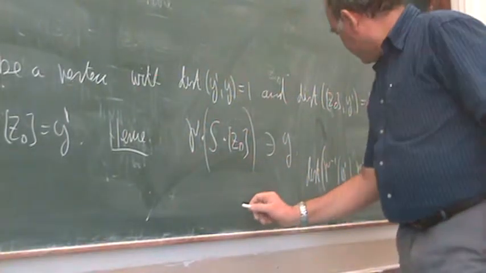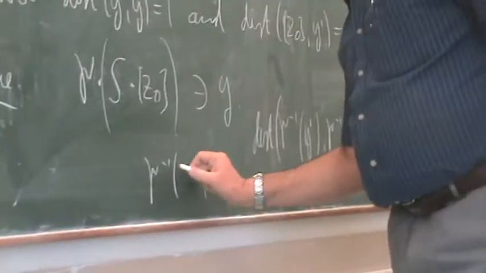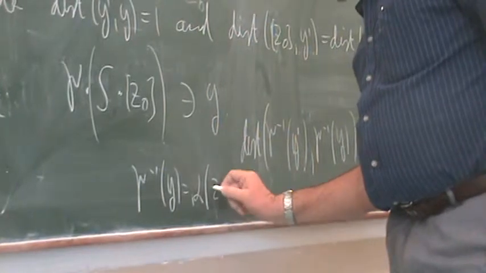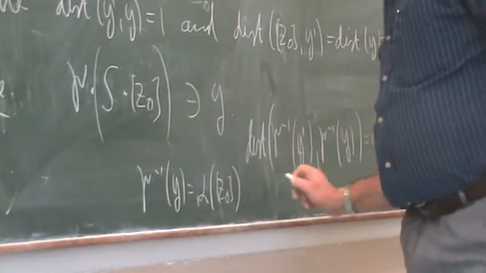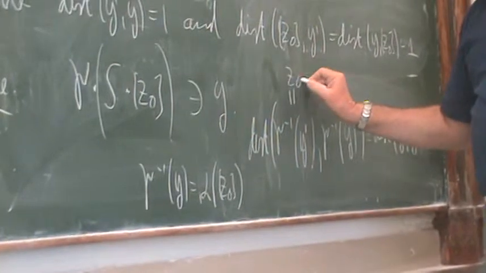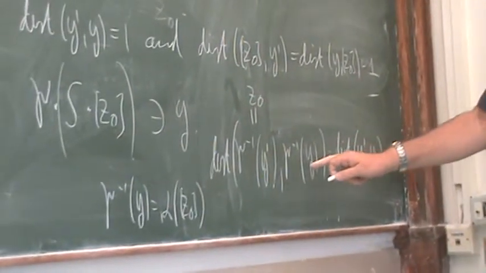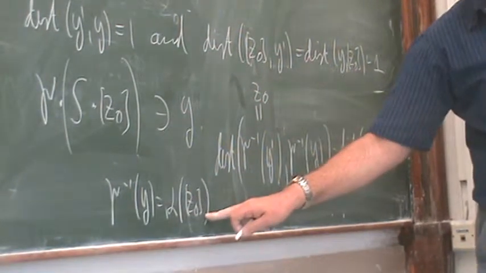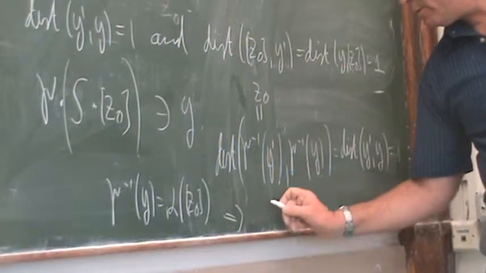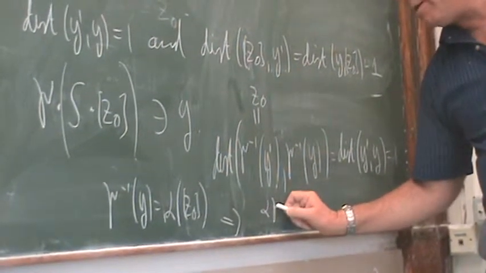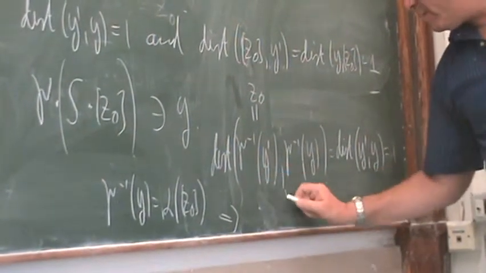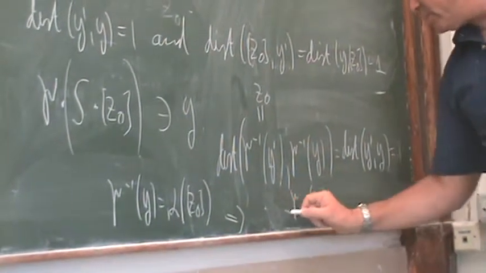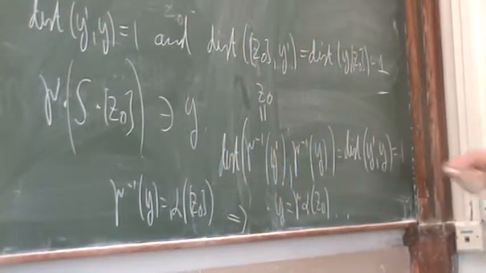Therefore, gamma to the minus 1 of y is equal to alpha times z naught, because if you are of distance 1 from z naught, you are obtained from it by an element of S. This means that gamma alpha z naught is equal to y, so we can get y.